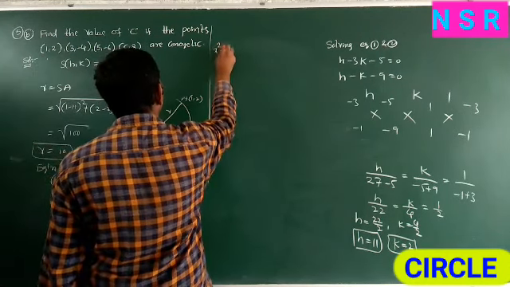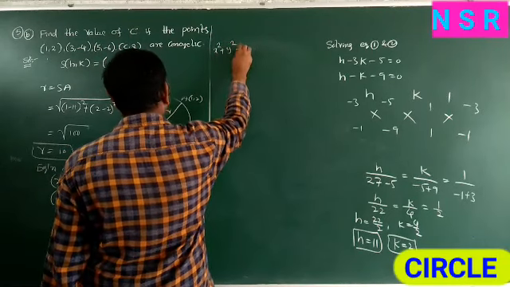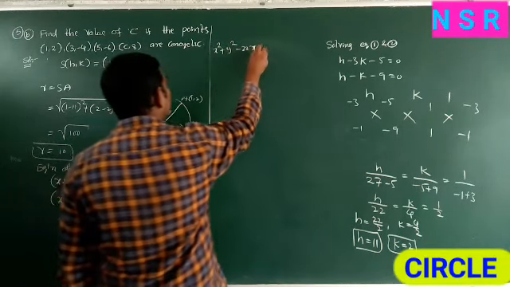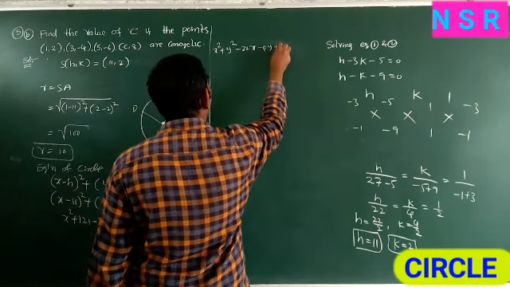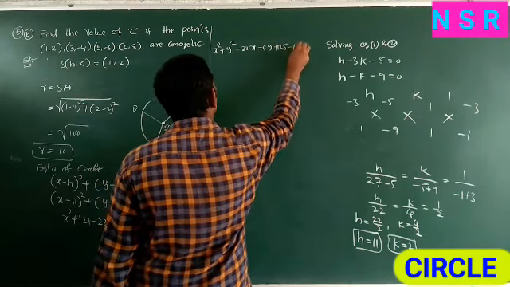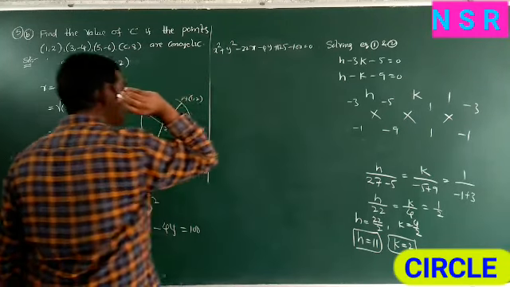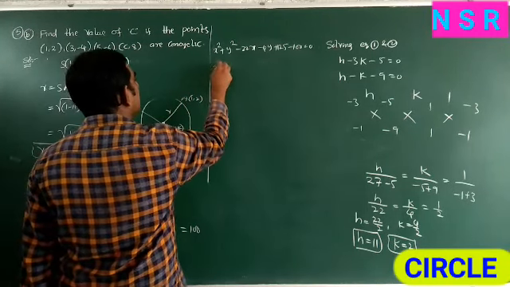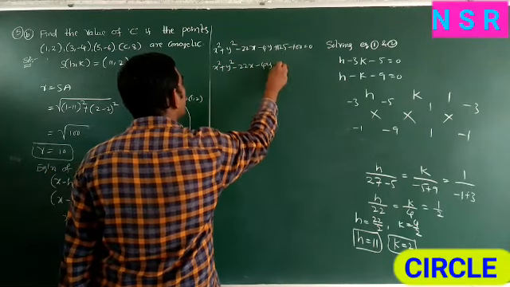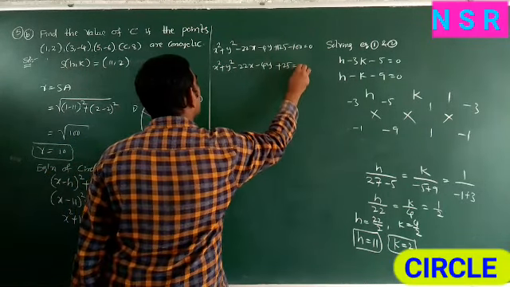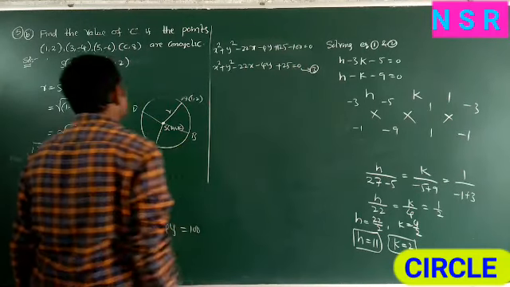Right, x square plus y square minus 22x minus 4y, 121 plus 4 is 125 minus 100, equal to 0. Now x square plus y square minus 22x minus 4y plus 25 equal to 0. So take it as equation number 3.